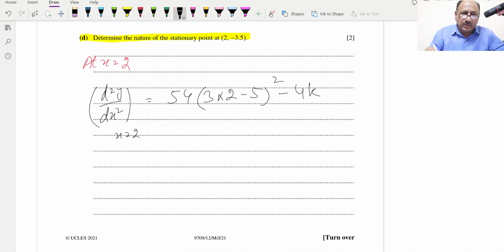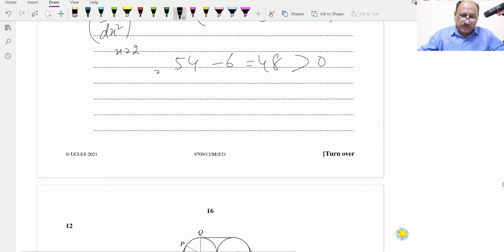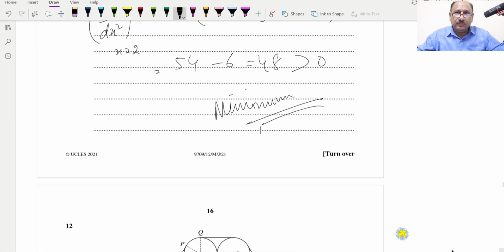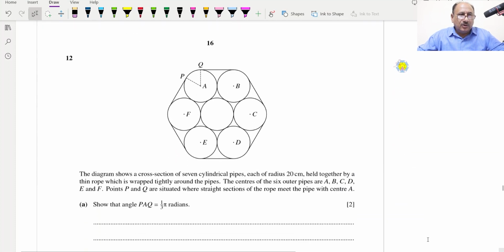The k value also we can replace by 3 by 2, so it will be 3 by 2, and this will be 54, and this will be 6 minus 5 will be 1 squared, so 54 minus this will be 6, so 54 minus 6 will be equal to 48, which is greater than 0, which means this will be a minimum. So it will be minimum. Hopefully you understood this.